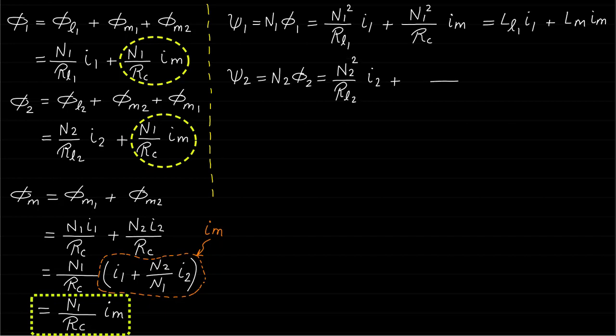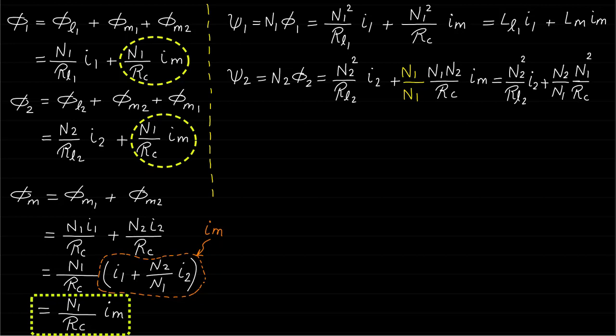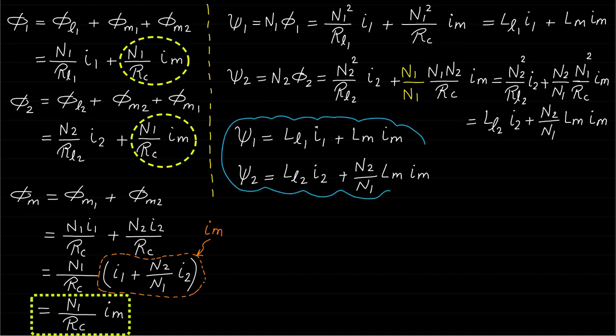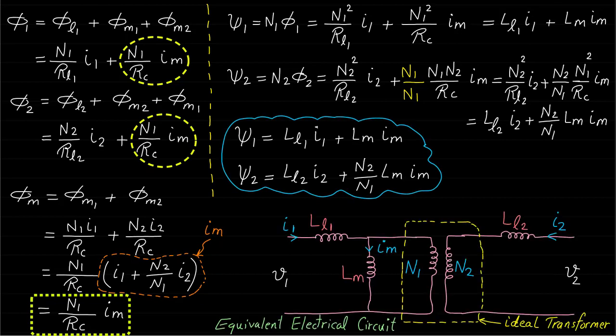After that, if we multiply the term of the current Im by N1 over N1, the magnetic field linkage psi 2 can be expressed as follows. Based on the final derivation of the magnetic field linkage equations psi 1 and psi 2, the electrical circuit of the magnetic circuit can be modeled as shown.